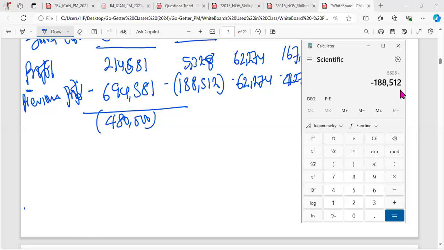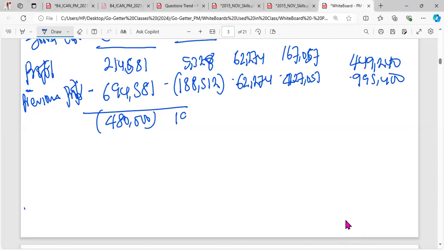So the resultant effect is going to add 193,840. Okay, so of course, this and this are the same. This is going to be 0. There's no change in profit in this one here.